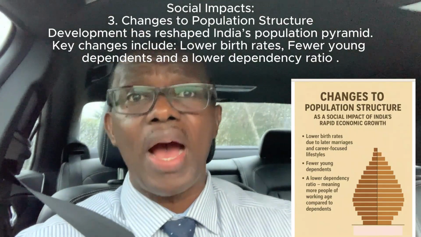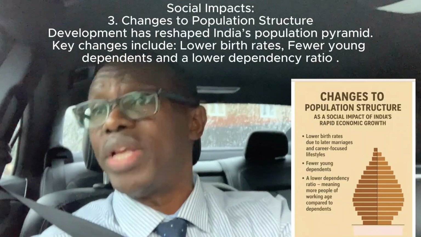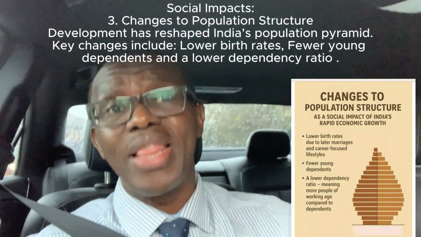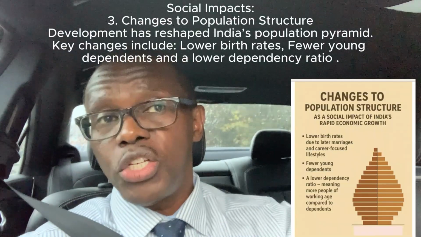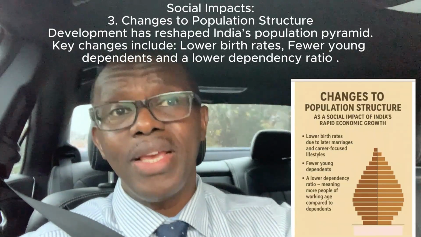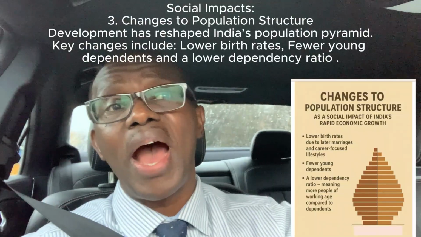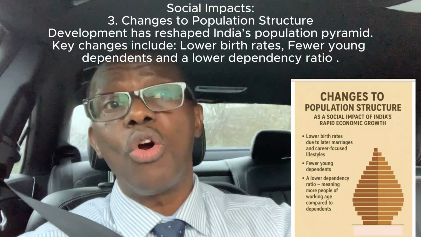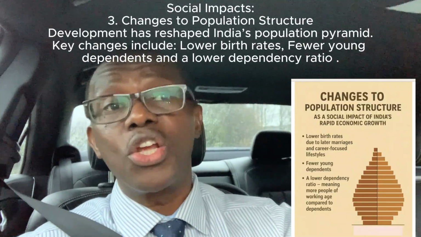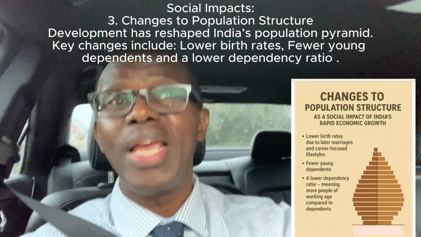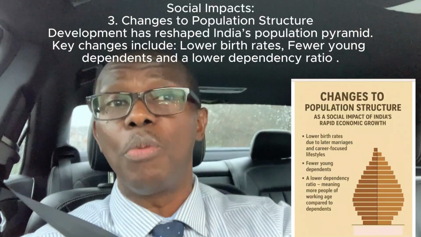So, higher literacy rates leading to later marriages, and therefore a declining birth rate. So the population pyramid of India is beginning to narrow at the bottom. And we also have an increasing economically active part of the population.